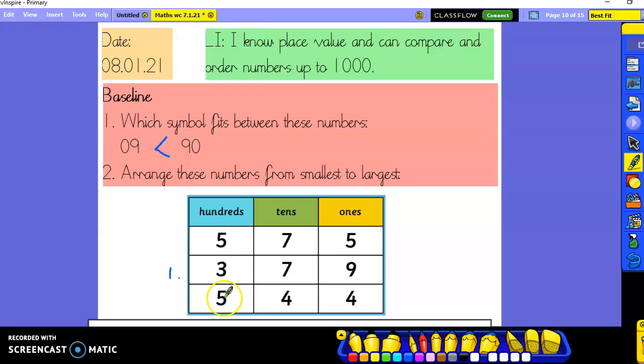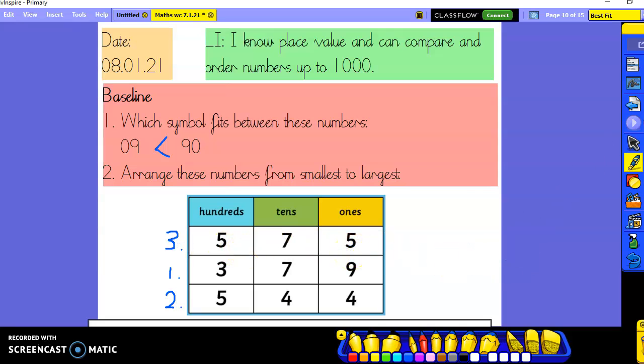Then, if we've got 2 that have got 5 in the hundreds column, they're the same. So we need to move to the tens column and see if they're the same. 7 and 4. So, 4 is smaller than 7, so that makes it a smaller number. So that's the next smallest, followed by our final number, 575, which is our largest.